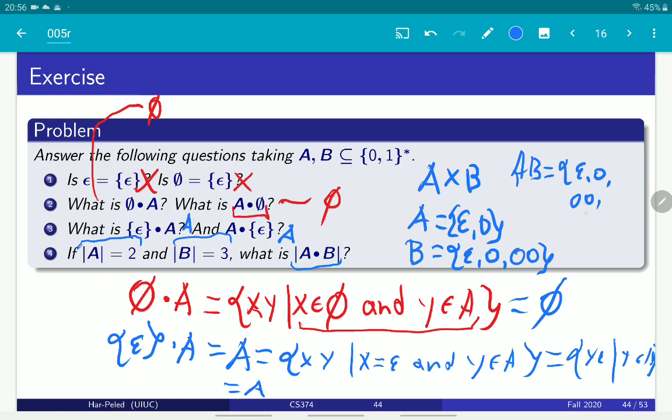So this example has 4 strings, and it's easy to see that you can get other values. So A concatenated with B is a set of strings that can have a range of values, as we saw, all the way from 6 down to 4, and there might be an example even with 3. I would have to think about it.